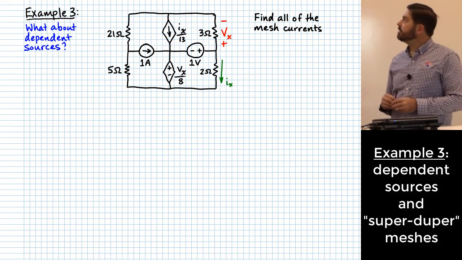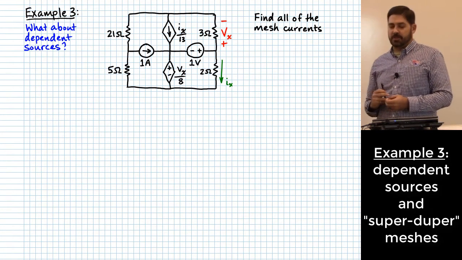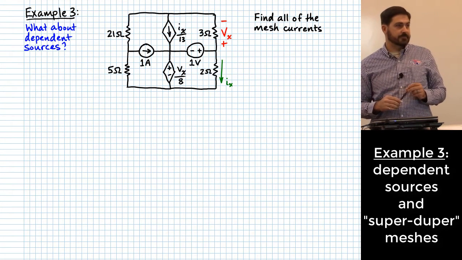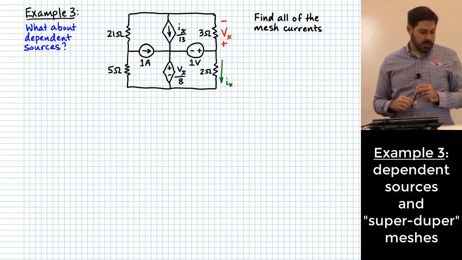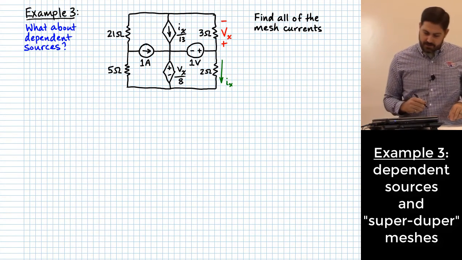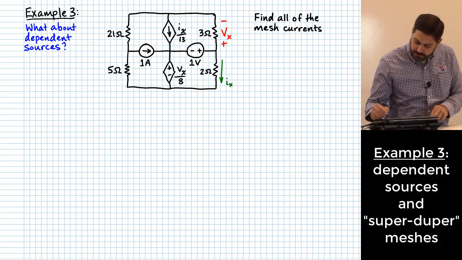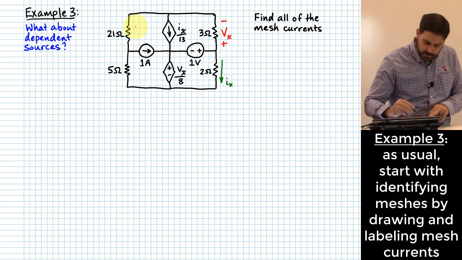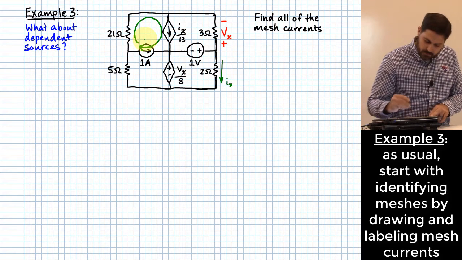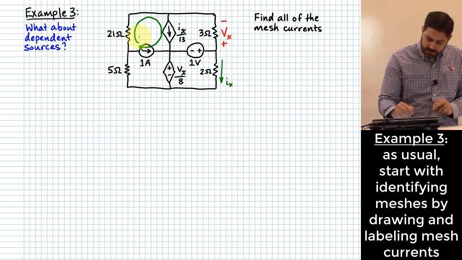On this one, the instruction is to find all of the mesh currents. Let's go ahead and start defining our mesh currents on the figure. Again, I'm going to start on the upper left-hand corner. I don't have to do that, but let's just say I do.